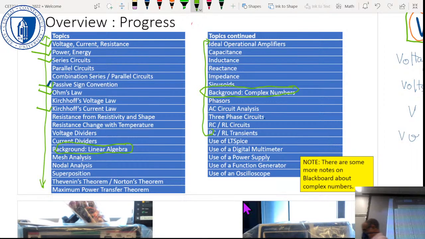And what Kirchhoff's voltage law says is V1 plus V2 plus V3 plus V4 equals 0. And you have to have the passive sign convention apply, so those voltages have to have those polarities.